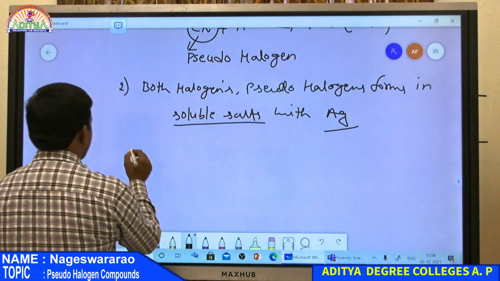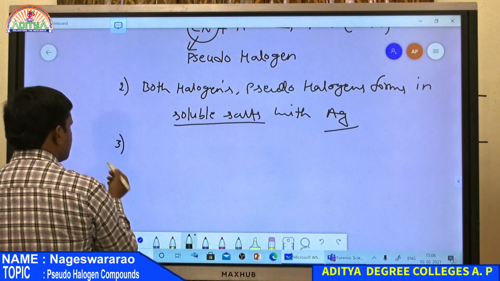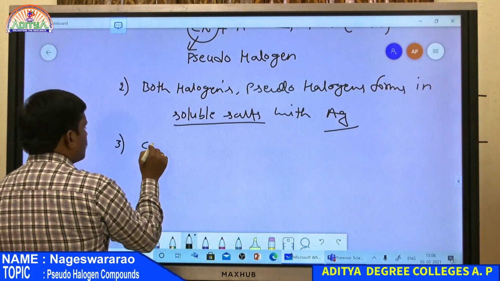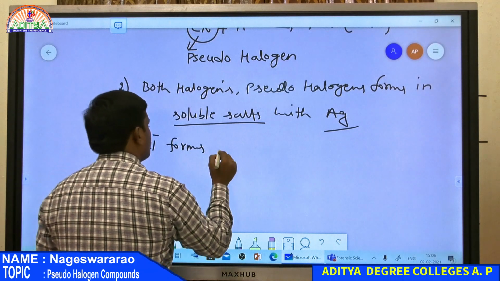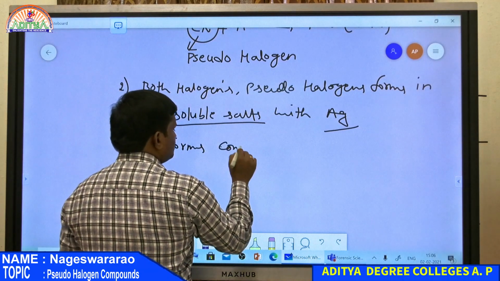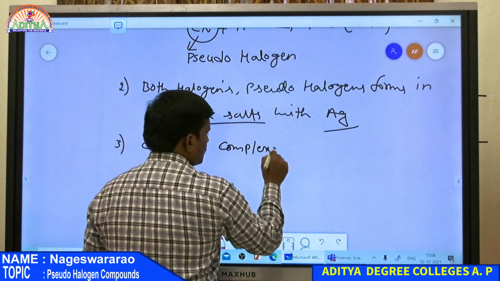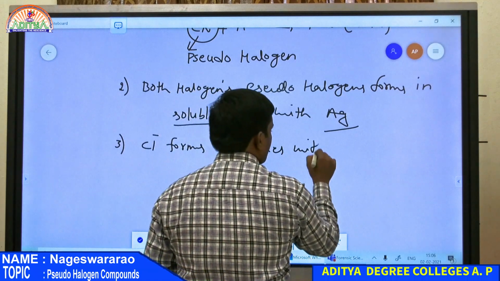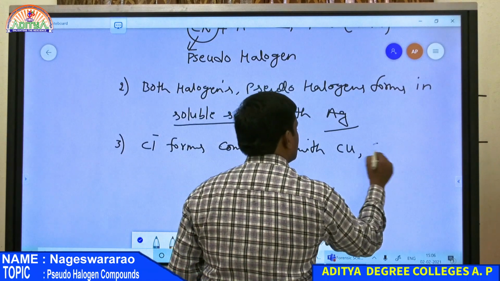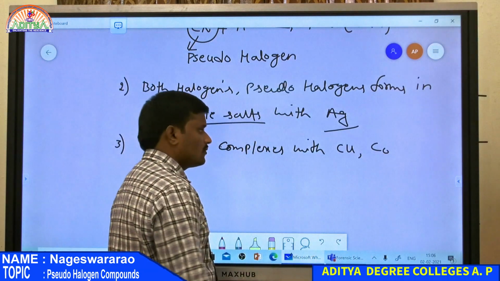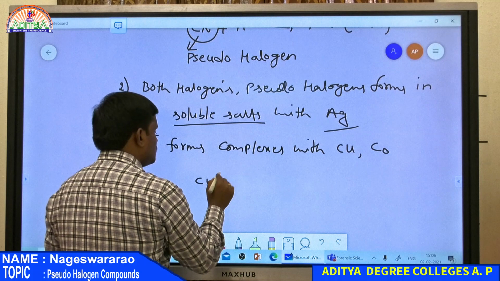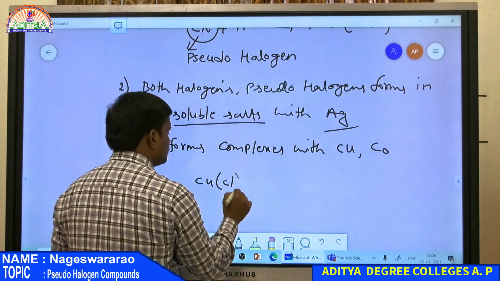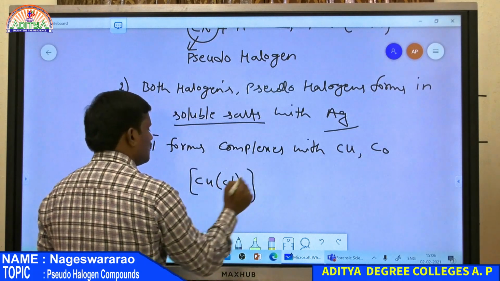And the third one is that chloride forms complexes with copper as well as cobalt, like CuCl4 to the -2.